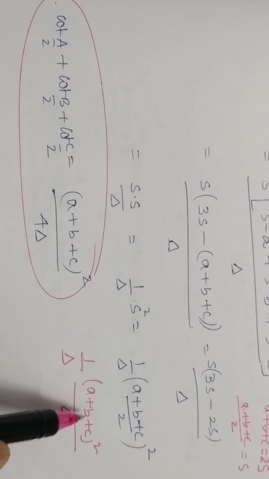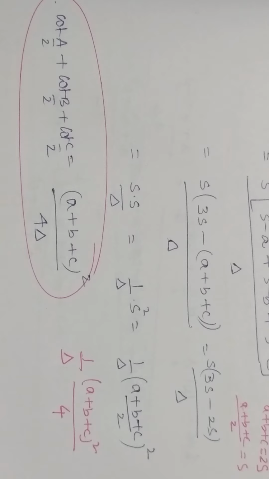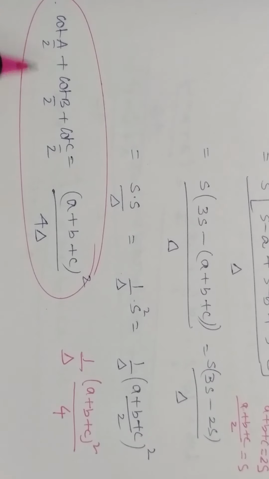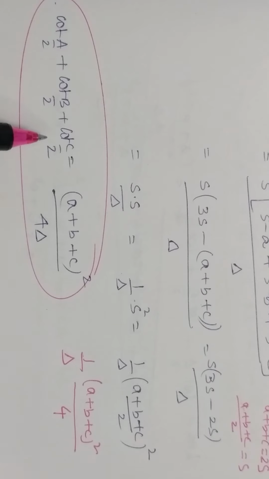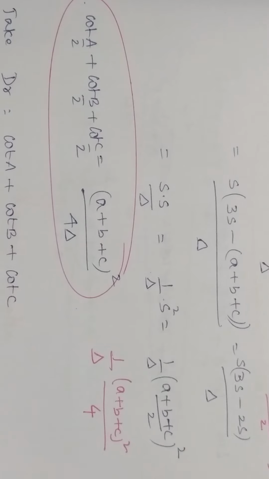Therefore (A + B + C)²/4Δ. Thus the numerator cot A/2 + cot B/2 + cot C/2 is equal to (A + B + C)²/4Δ. So the numerator portion is over.